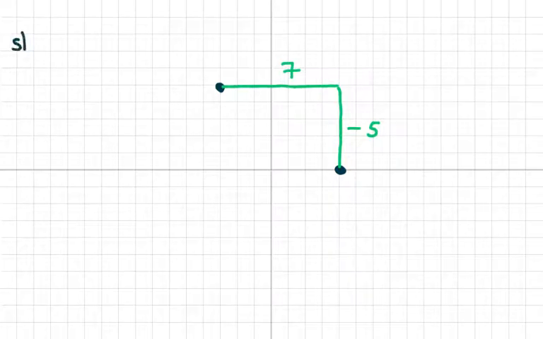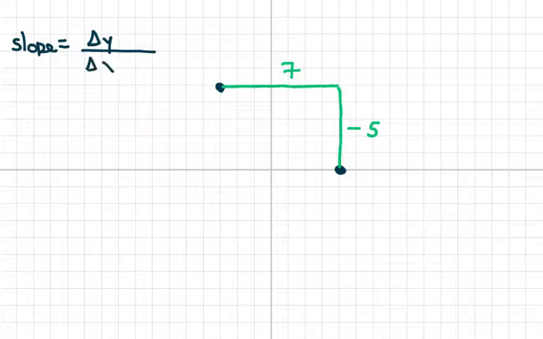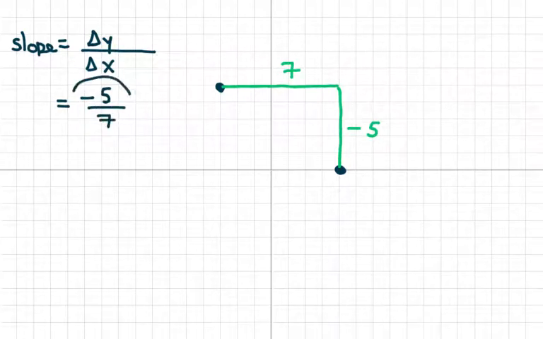And when I write the slope between those 2 points, it's defined as, and we're going to abbreviate something here, the mathematical abbreviation for change is a small triangle, delta. And so this means slope is how the y changed over how the x changed. So my y's went down 5 and right 7. So this slope is -5 over 7.